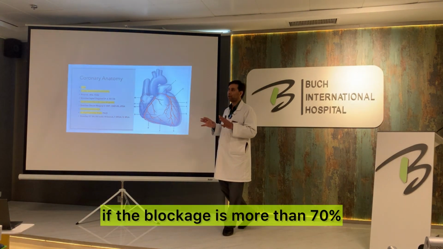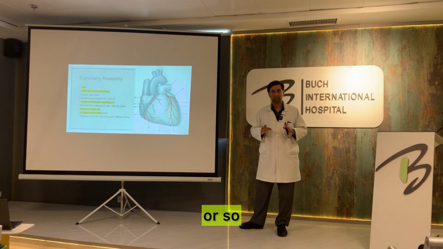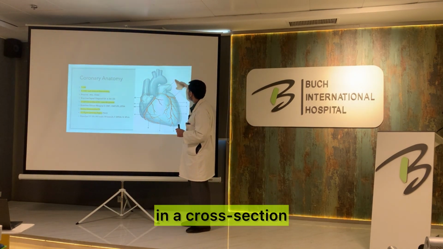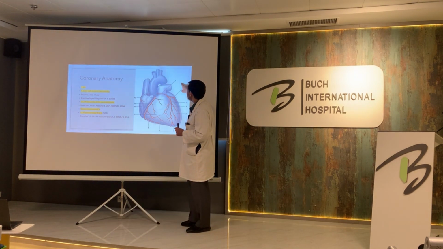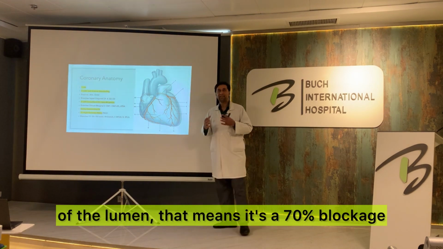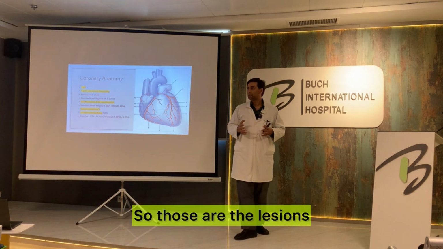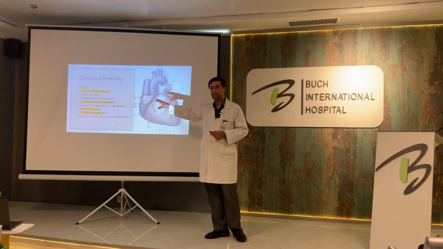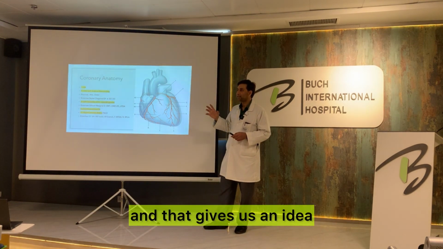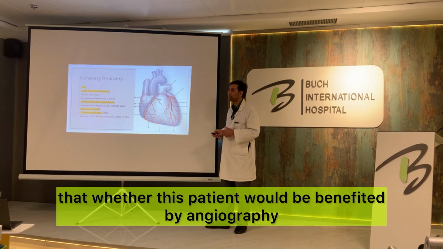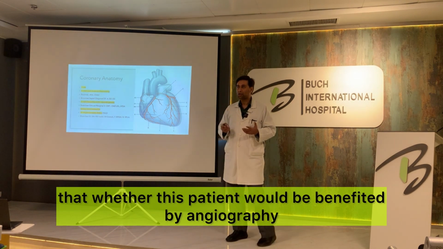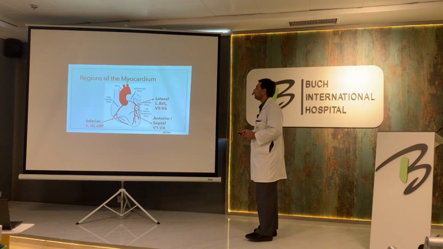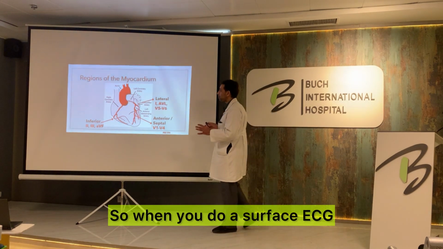A lesion means the blockage is more than 70% or so. If an artery is like a circle in cross section, and the plaque is covering 70% of the lumen, that means it's a 70% blockage. Those are the lesions that we put into our syntax calculator, and that gives us an idea whether this patient would benefit from angioplasty with stent versus bypass.